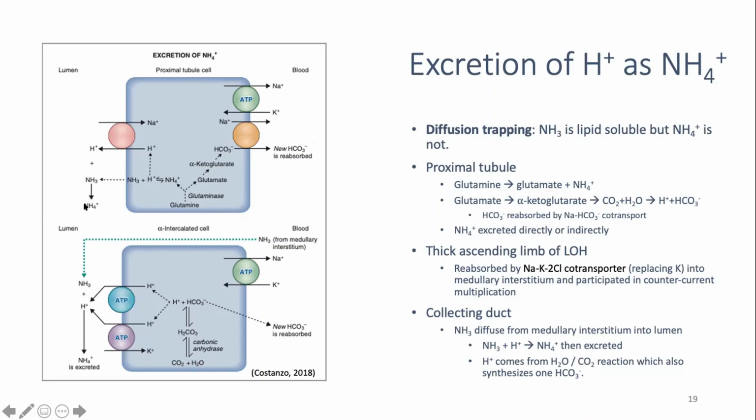It can either be excreted, meaning that it stays in the lumen and is excreted out into the urine, or when it reaches the thick ascending limb of the loop of Henle, it may be reabsorbed by this special transporter known as the NKCC, or sodium potassium chloride cotransporter. It is reabsorbed back into the medullary interstitium. What does it do there? It participates in the countercurrent multiplication to concentrate the urine.